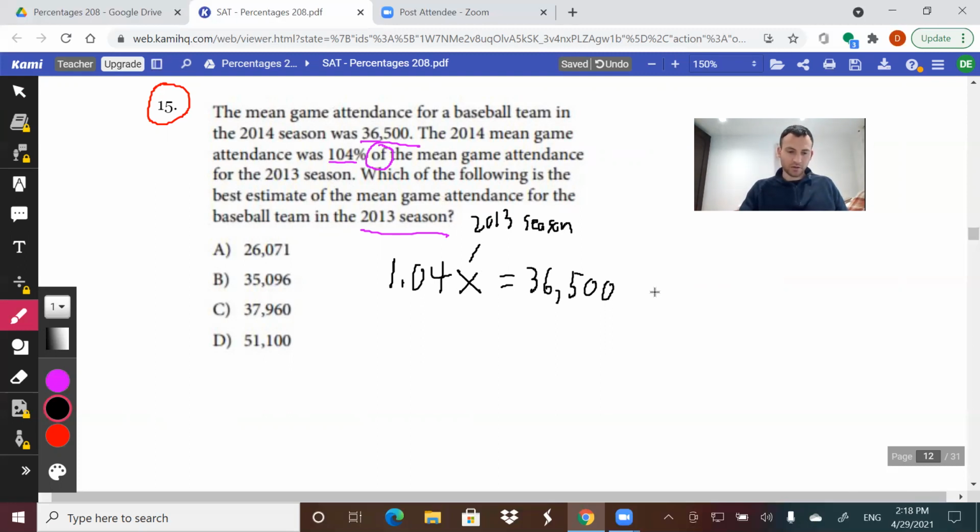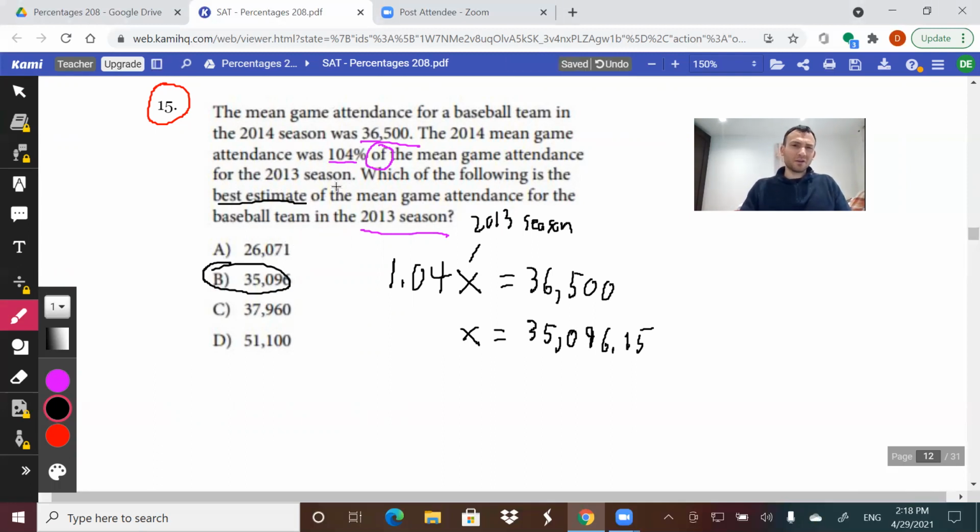So 36,500 divided by 1.04, that gets us, and this one says best estimate, so we don't have to worry about being exact, but what we get is 35,096 and then some leftover bit. So anyway, this one we can safely select that.